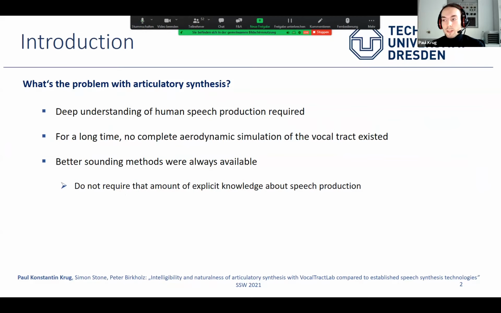So that's another reason that's problematic. And then finally there were always better sounding methods available, which were easier to use in the sense that they don't require that huge amount of explicit knowledge about speech production, and therefore you could also build TTS systems easier with those systems, because articulatory synthesizers usually require a lot of manual tuning that can only be performed by experts.